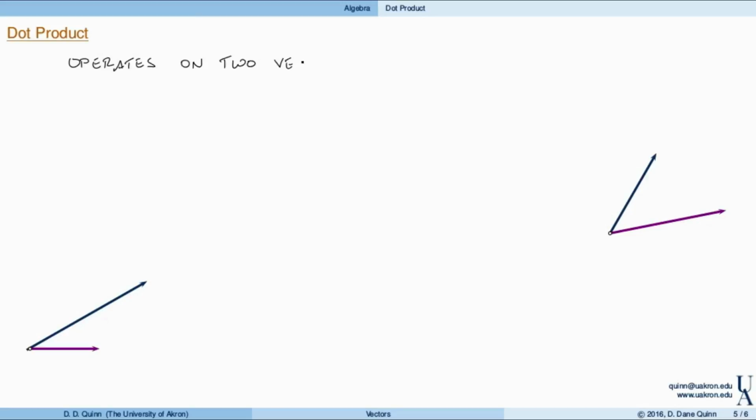It operates on two vectors, and it produces a scalar, just a single number. So now, if we have perpendicular vectors, then their dot product is 0.